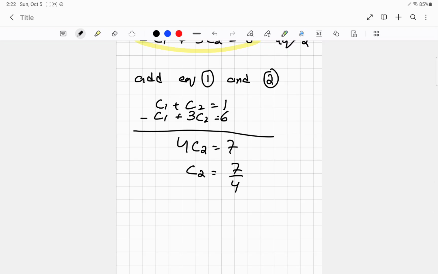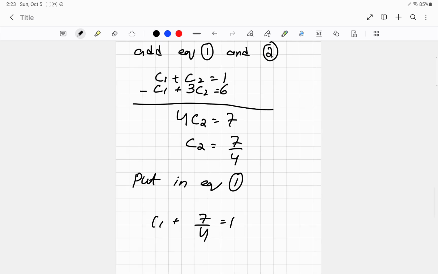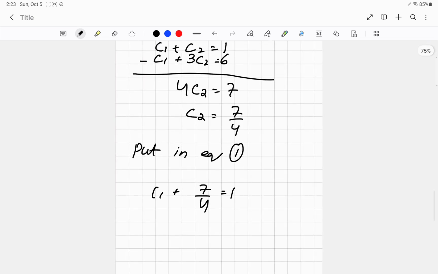Now we put this in equation 1. You can put the value of c2 in any equation, but I just want to put it in equation 1, so c1 plus 7 by 4 equals 1.